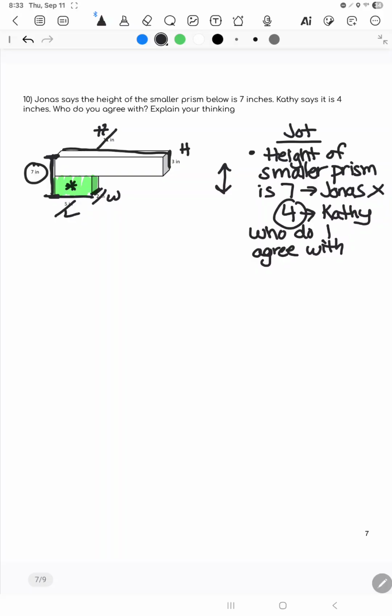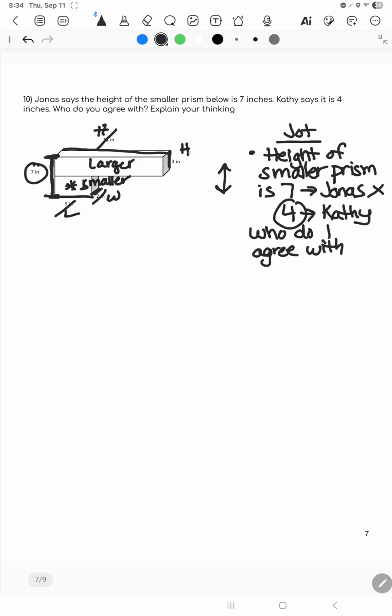Kathy, where would she have gotten 4 from? Let me think. Oh, so if the combined amount, let's just call this one A and B. Or actually in the story it said larger and smaller, so I'm going to change that just to be consistent. We'll say larger, and this one can be smaller.